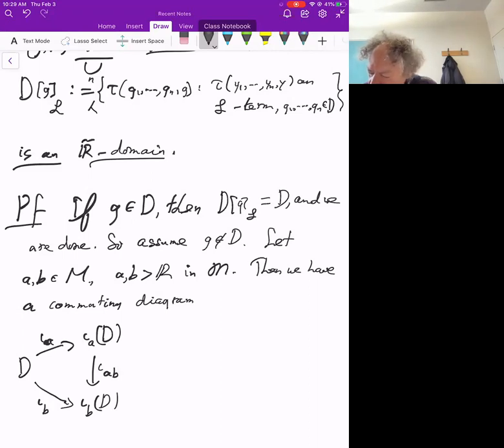In other words, iota ab is simply: you go from iota a D back to D via iota a inverse, and then you apply iota b. And so these are L isomorphisms.